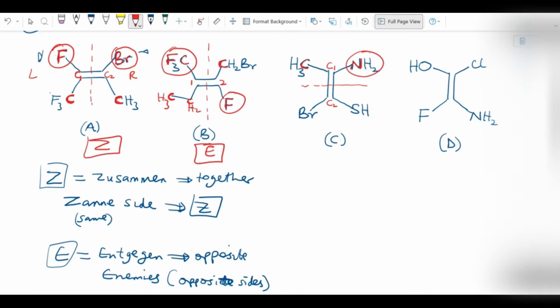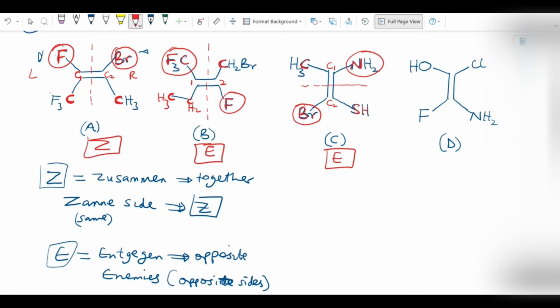On the groups at the bottom, we have bromine here, and then we have sulfur and H in this group. Between bromine and sulfur, bromine has a higher atomic number. Therefore, the bromo group will be the priority group. In this case, the priority groups are opposite each other. Therefore, we'll assign E.